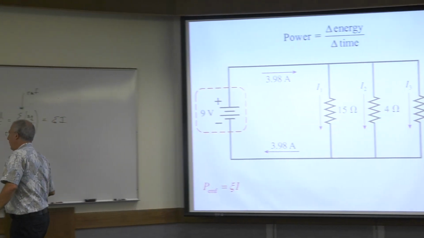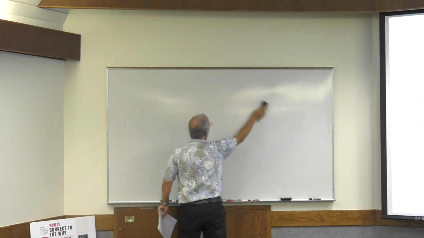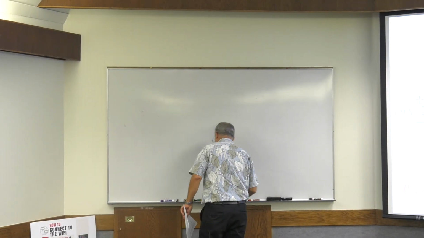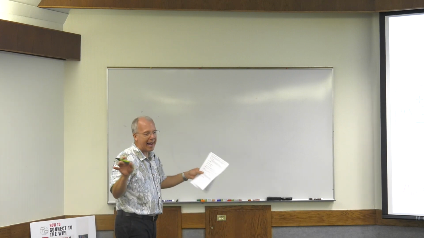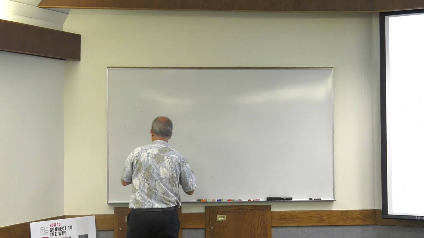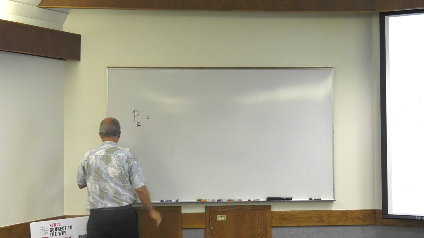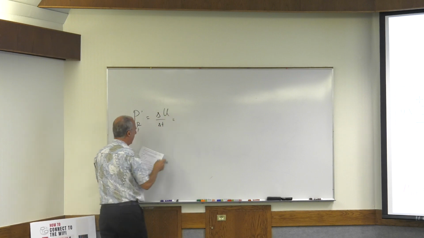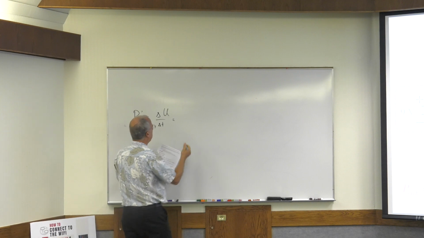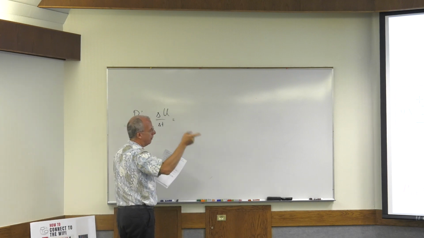So we have an equation for the power supplied. We also like to get an equation for the power dissipated, okay? All we care about is magnitude, we don't care about the sign. So I'm just going to say power resistor. Well, again, it's energy over time, no kidding. And like we learned before, energy is charge times voltage.